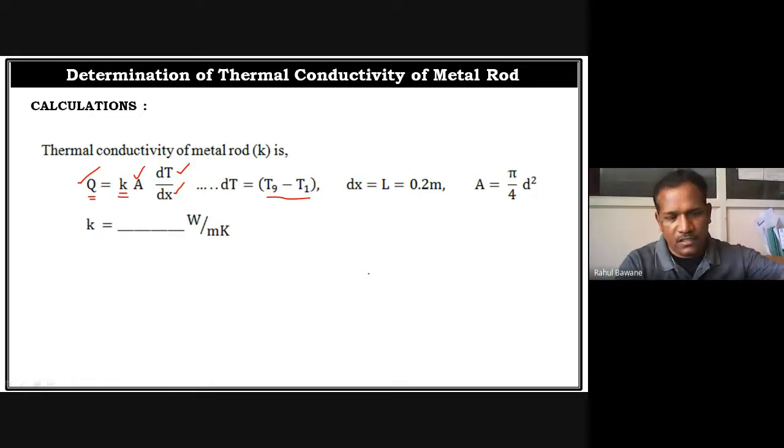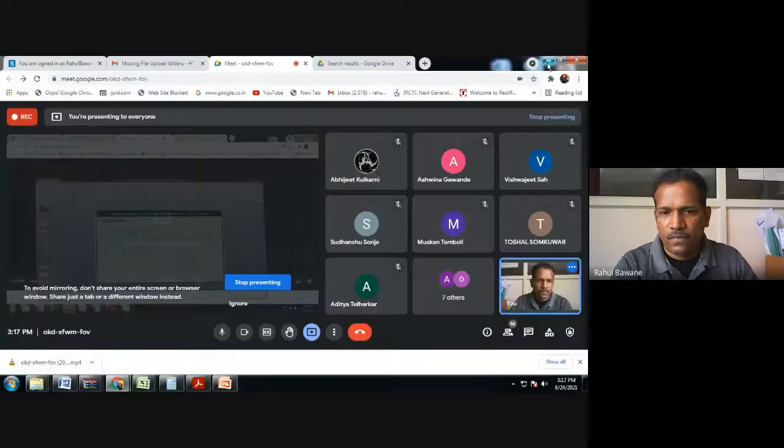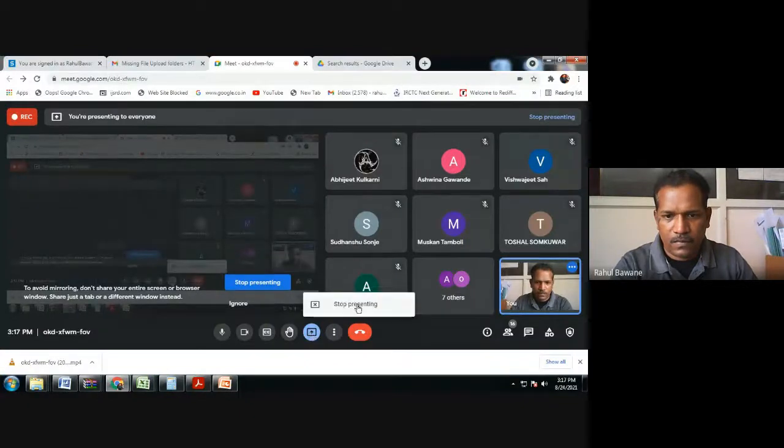So let's shift to our experimental setup now. I will join through my mobile and we will go to our experimental setup.